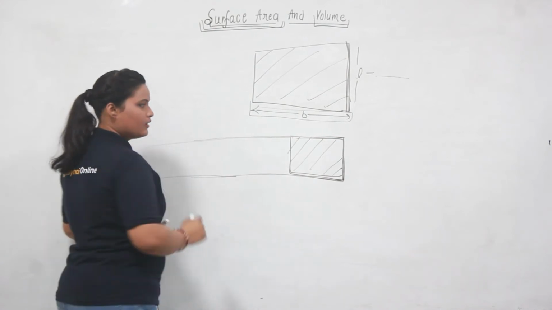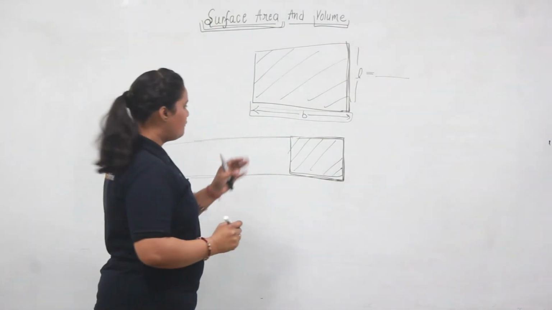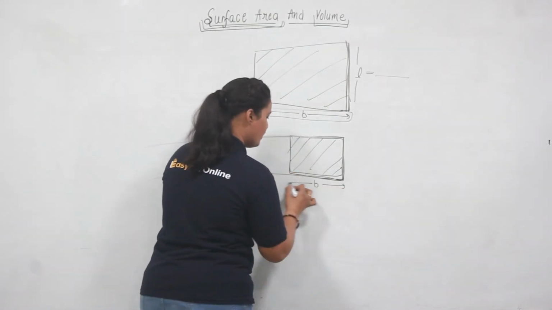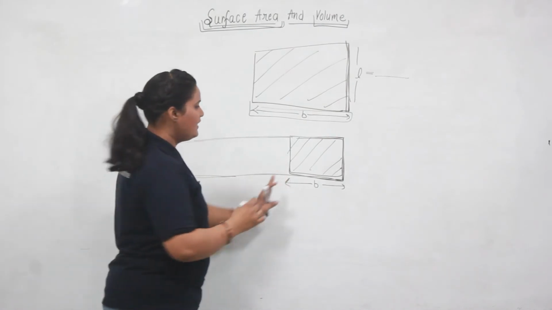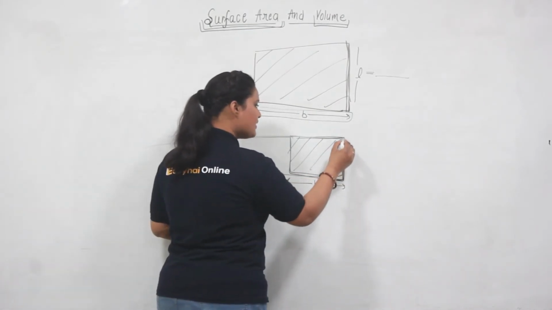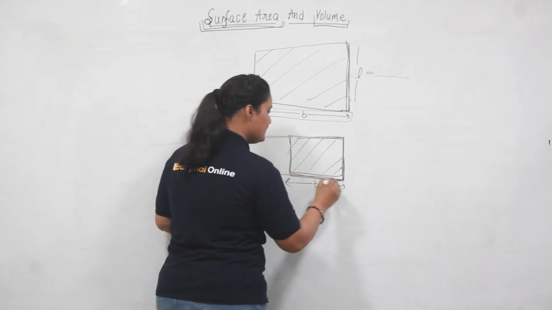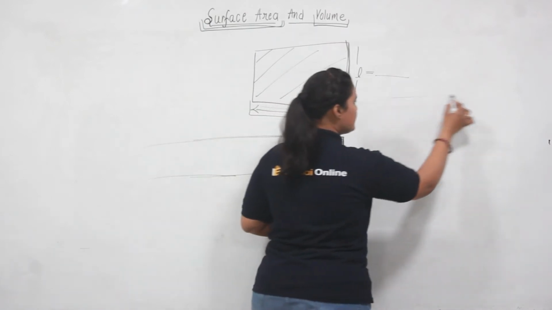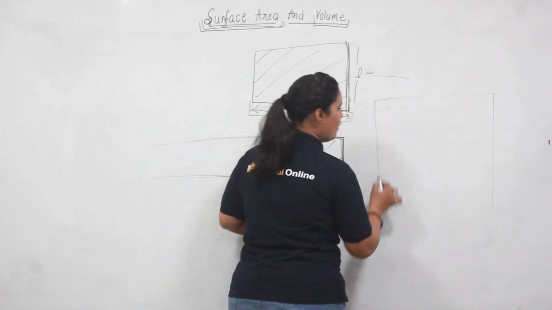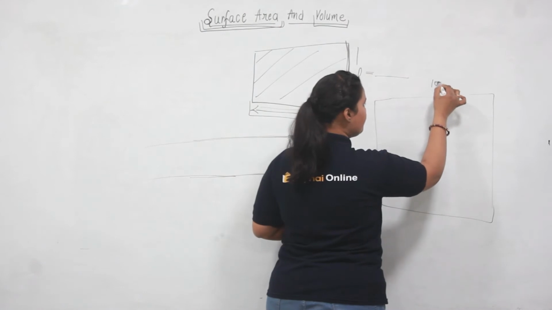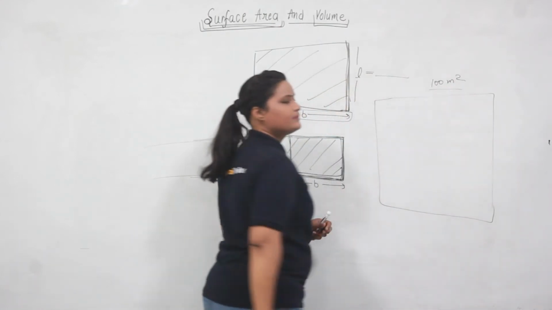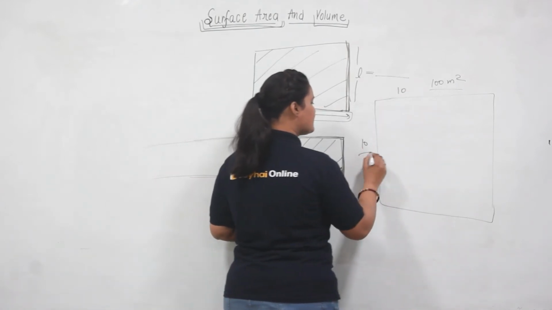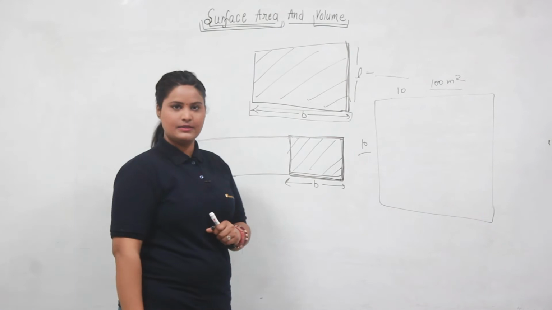Is there any limit? For limiting it, we have another quantity called breadth, so that we can limit this much area up to length and up to breadth. For example, if there is an area of 100 meters square, it means its length will be 10 and its breadth will be 10, correct?